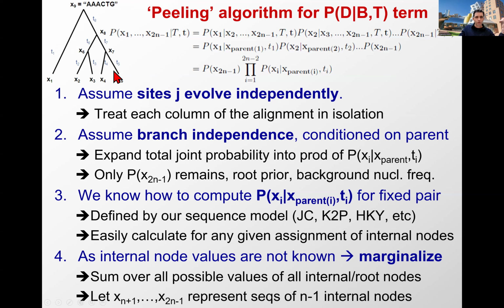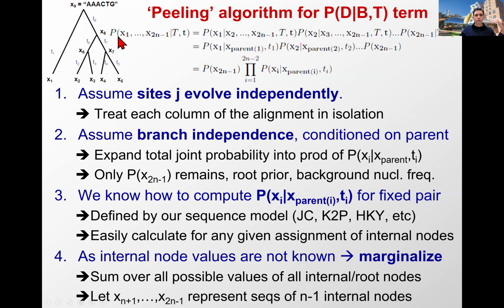What we're going to basically do is compute the dynamic programming algorithm going up that tree, up these branches, maintaining the uncertainty, and we're going to sum over all possible values of all internal/root nodes, and that will represent the sequences of all of the internal nodes. Okay?